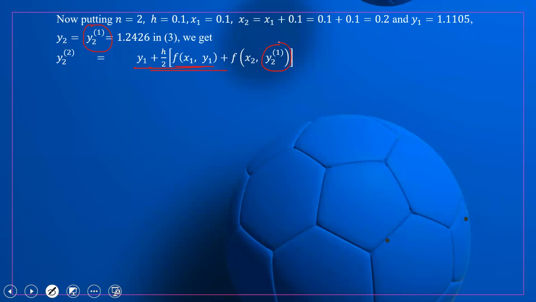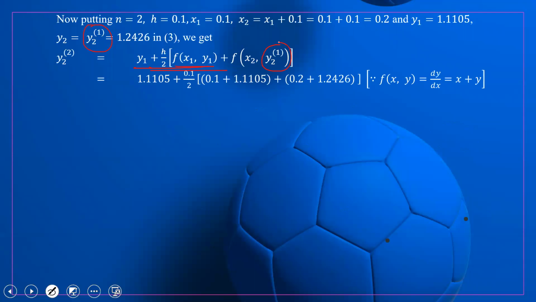Only this will change. So here 1.1105 is the value of y1. H is equal to 0.1. X1 is 0.1. Y1 is 1.1105. X2 is 0.2. And y2 1 is what? It is 1.2426.